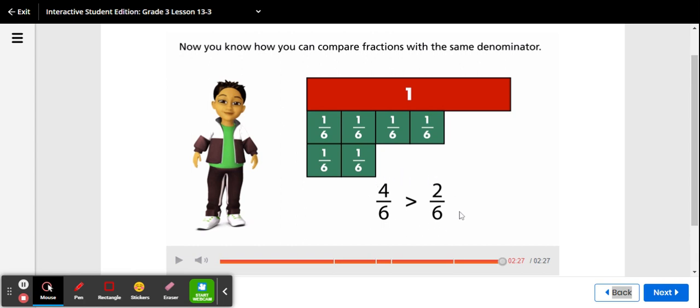Since the pieces are all the same size, having more pieces is greater than having less pieces. So we're going to be practicing these using our fraction strips. We will see pictures and other things to help us to understand how to compare them without anything but just seeing our fractions, by knowing what our numerators and denominators mean in each of our problems.